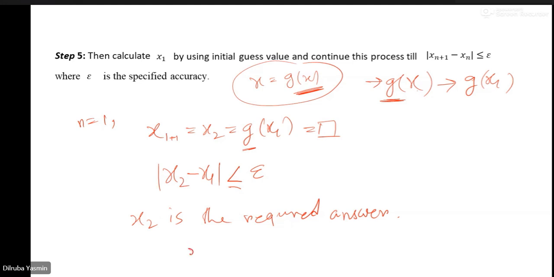Suppose you have x2 value 0.32953. So if I ask you to find the x2 value up to 3 decimal places, what will be the answer now? This one, isn't it?